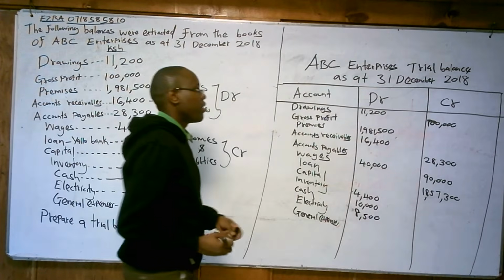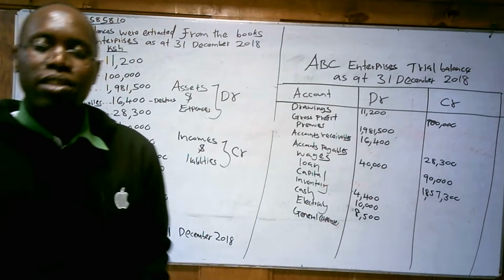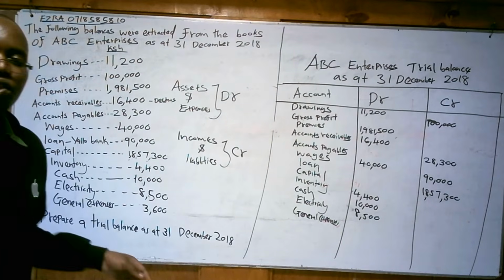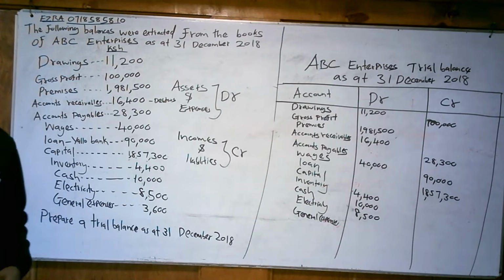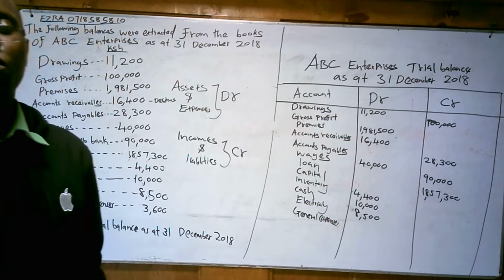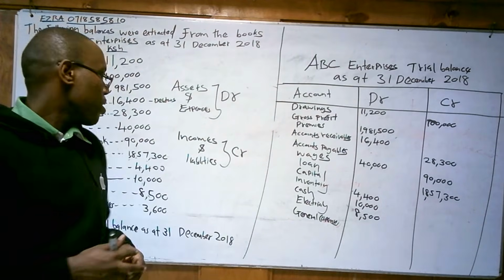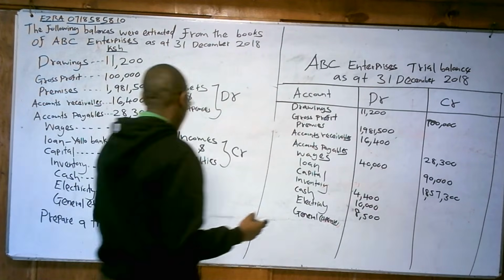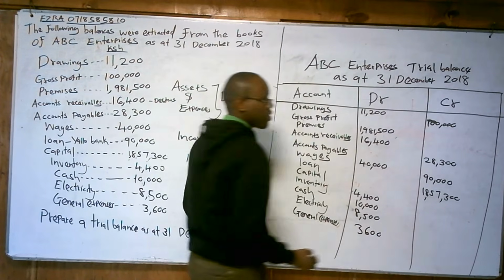And then the last one, we have general expenses. They are even calling it the word expenses, and you know very well that all expenses are going to appear on the debit side. So the general expenses, which is 3,600, is going to appear on this side.